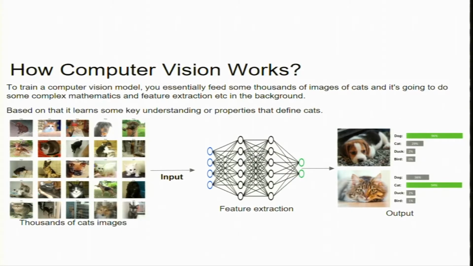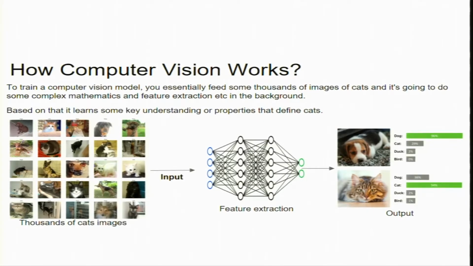These thousands of images will be used as the data to train the computer vision model. The model will apply some complex mathematics and feature extraction to find out, in contrast, what is the background and what is the object in the image.